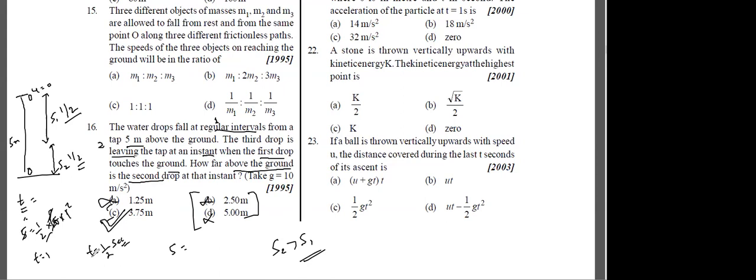Because you are asked to find S2. Whenever you solve these kinds of problems, some people ask what the trick is, what the shortcut is. There is no shortcut trick, it's just common sense, and you should be aware of how to approach a problem. Got it? Does everyone understand?